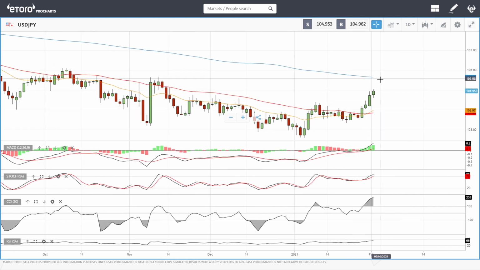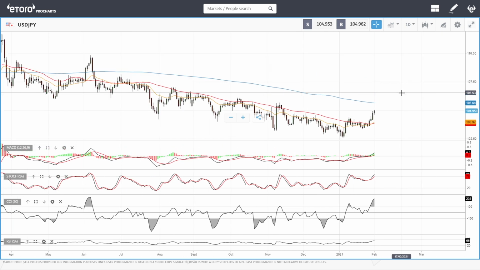We're heading up towards the 200 moving average, and it's to be seen whether or not the 200 moving average will be broken. We have tested that all the way back in June, where we rallied above the 200 moving average and then fell again. So this doesn't really mean that we are going to have a trend reversal here. As soon as the US dollar starts depreciating again, you will see this fall.